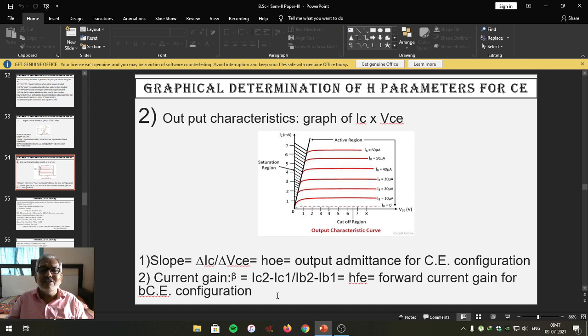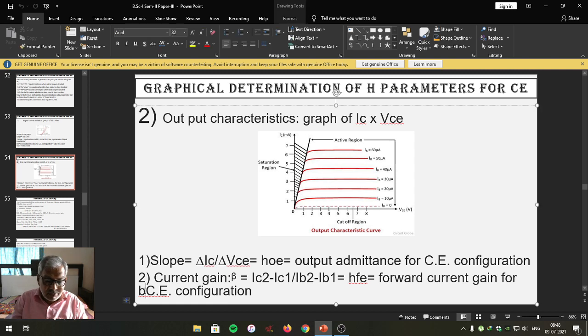This ratio is nothing but change in IC upon change in IB, delta IC upon delta IB, and that is called as HFE. H for hybrid, F for forward current gain, and E for common emitter configuration. So it is forward current gain for common emitter configuration.